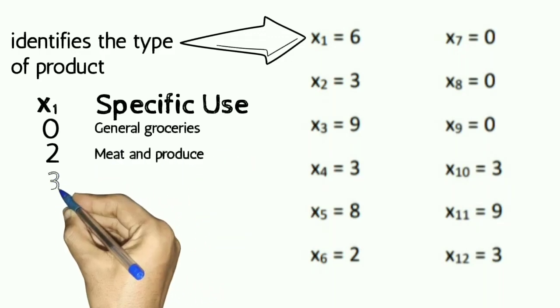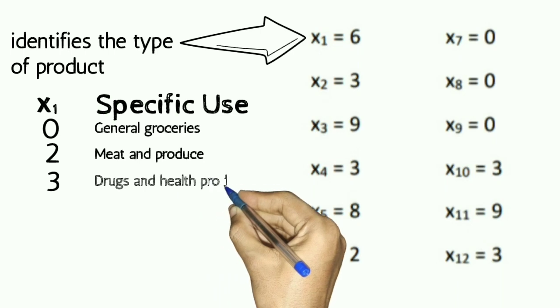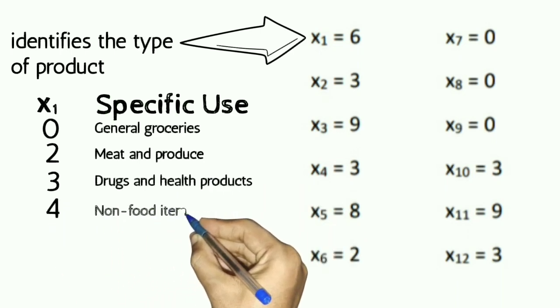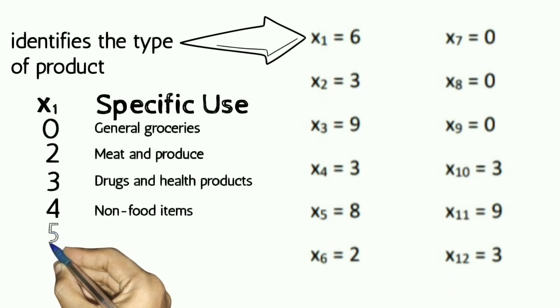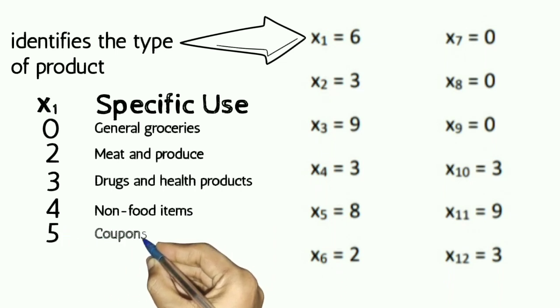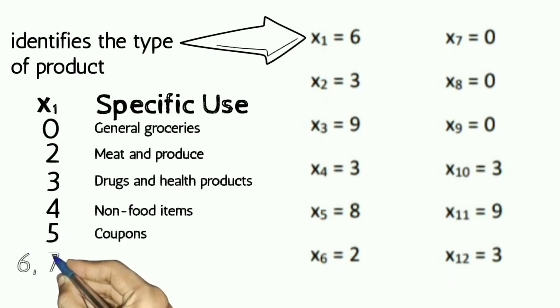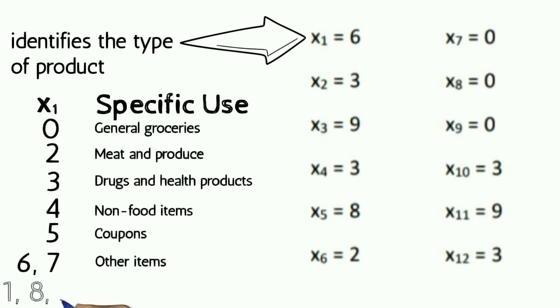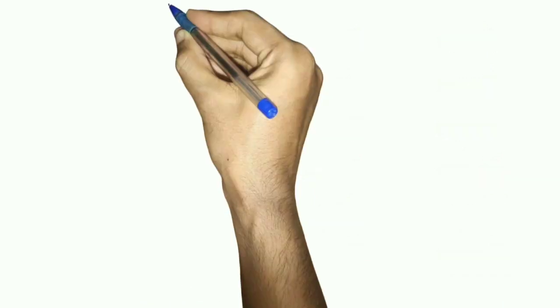If 3, drugs and health products. If 4, non-food items. If 5, coupons. If 6 or 7, other items. And if 1, 8, or 9, reserved for future use.